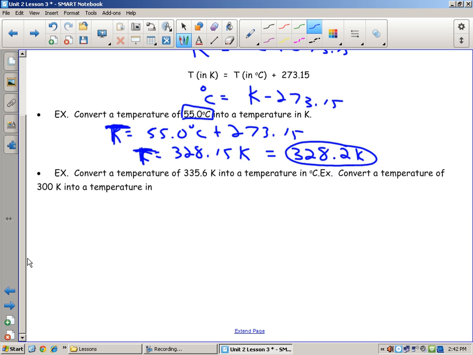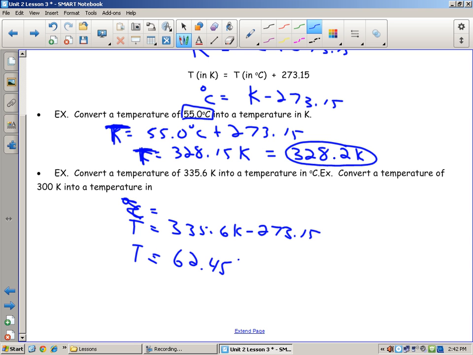If I want to find degrees Celsius, the temperature in Celsius, I want to take 335.6 Kelvin and subtract 273.15. That will convert it into Celsius for me. I think it works out to be 62.45 degrees Celsius, or about 62.5 degrees Celsius.